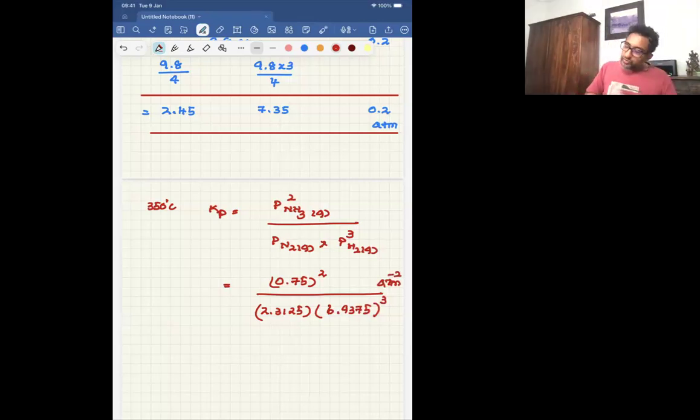So what would you get? 0.75 squared divided by 2.3125, divided by 6.9375 to the power 3.